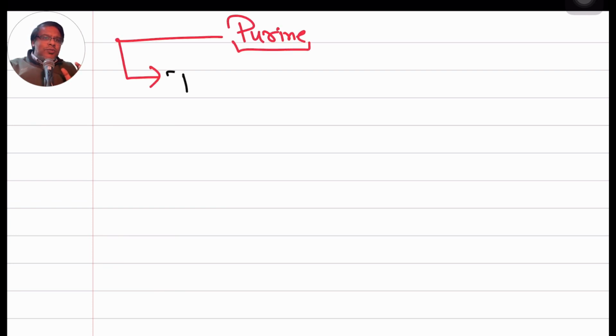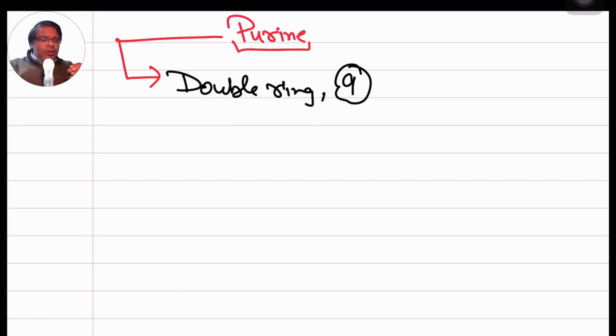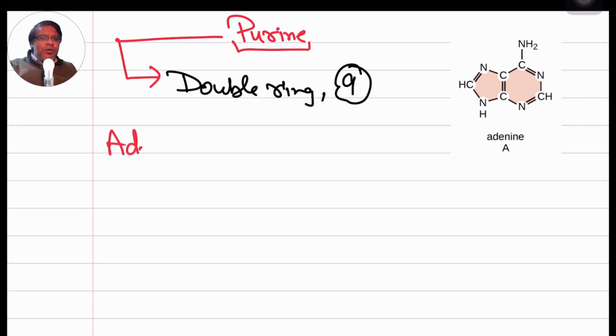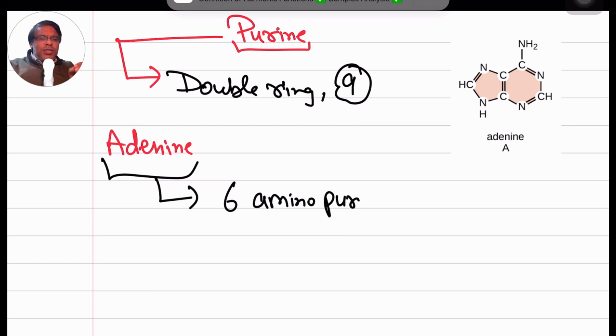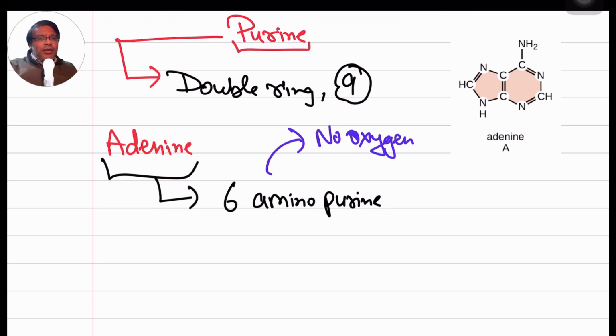Next, you must remember some things related to purines. In the case of purines, you are going to see a double ring, a 9-member ring. In the case of adenine, you are not going to see any oxygen atom.